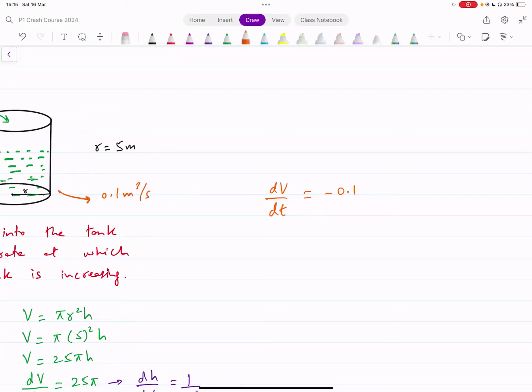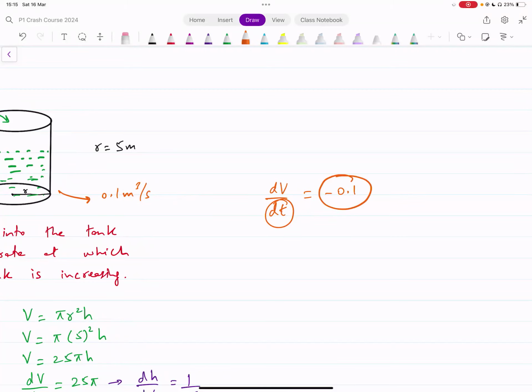It's decreasing, right? So every second, what is going to happen to the volume? It's going to decrease. So every second, the volume is going to change by negative 0.1. dV over dt represents change in volume. Now, since the volume is decreasing, the change is negative, it's going to be negative 0.1.